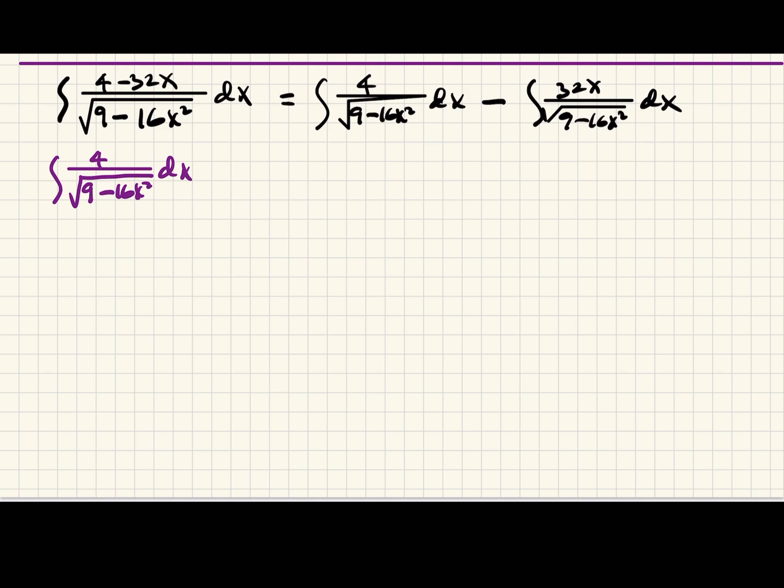Blast. You know, if that was in another form, like if it was in, say, the form of the square root of 1 minus u squared, I think we have a formula for that, don't we? That'd be arcsine, wouldn't it? Do you guys remember that from Calc 1? If I could put it in the form 1 minus u squared.